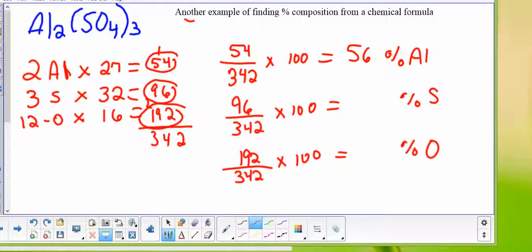Now I will go ahead and do the math. 96 divided by 342 times 100 is 28, and 192 divided by 342 is 56. This one must not have been 56. 54 divided by 342 is 15.7.